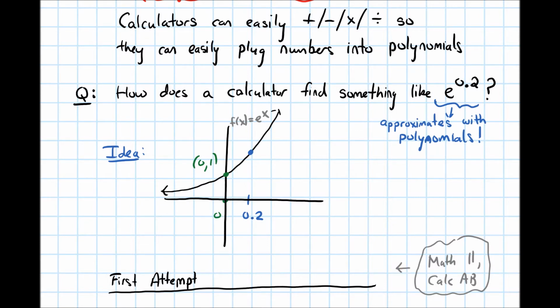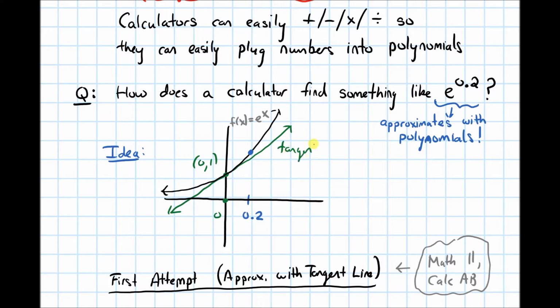And in calculus part 1, what we would do is we could approximate this with a tangent line. So if I were to draw a picture of a tangent line, it would look something like this.